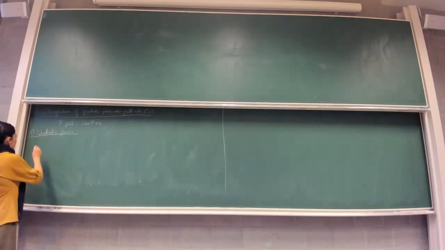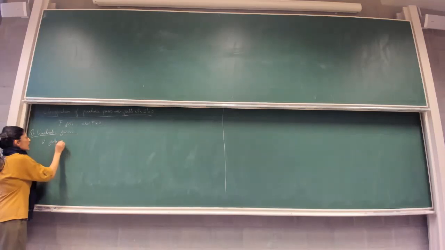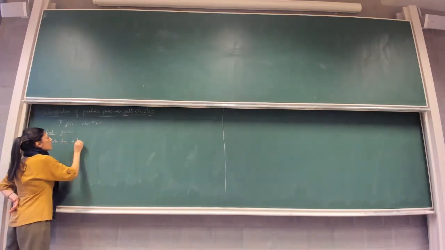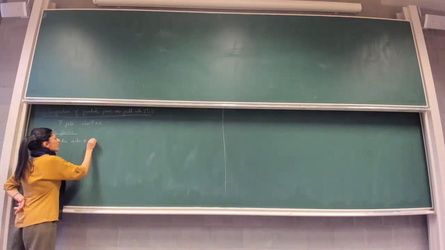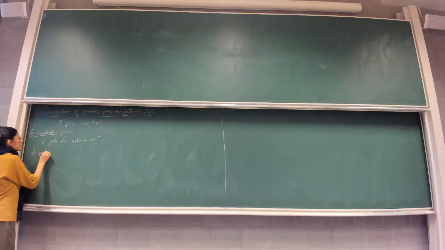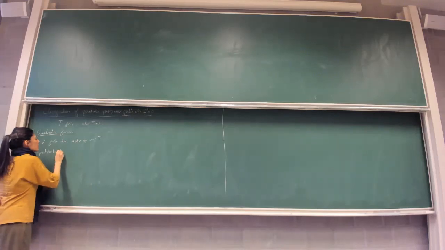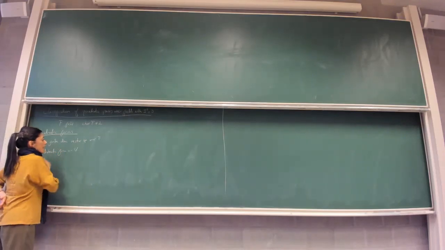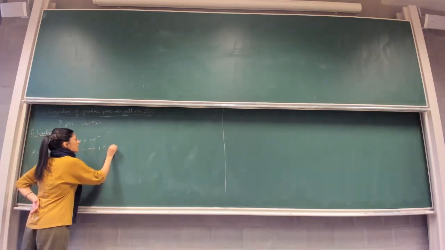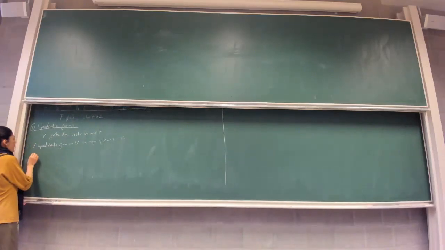Yes. So let's take a finite dimensional vector space V over F. A quadratic form Q of V over F is a map that satisfies the following two conditions.